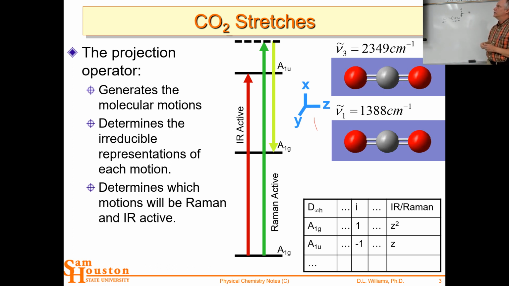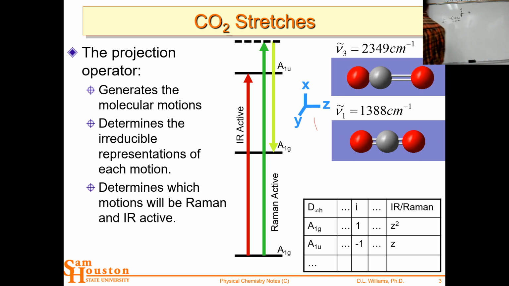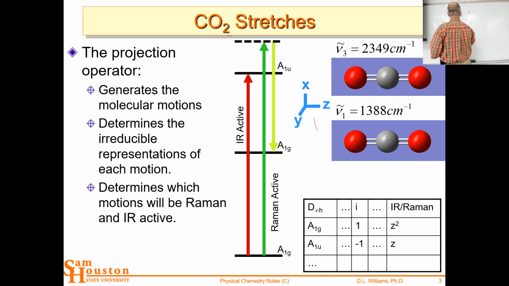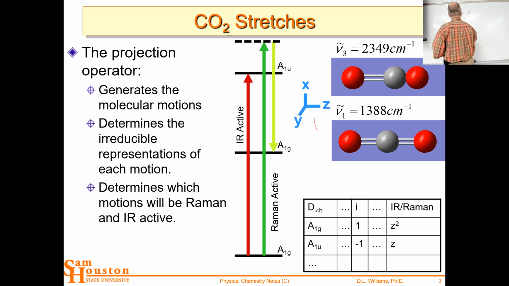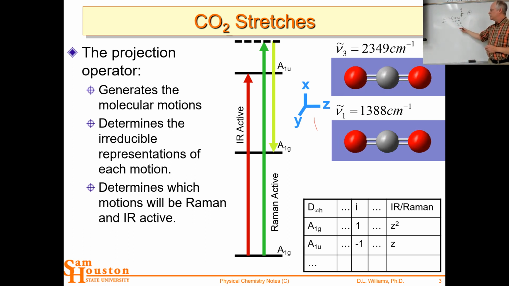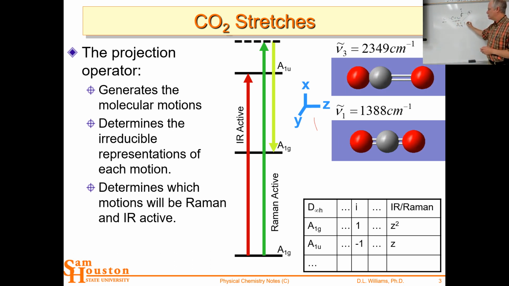Gosh, I don't remember what it is. Well, that's up here. Yeah, it's A1u. And so that is the description of this motion. That's also the description of light that could excite it.